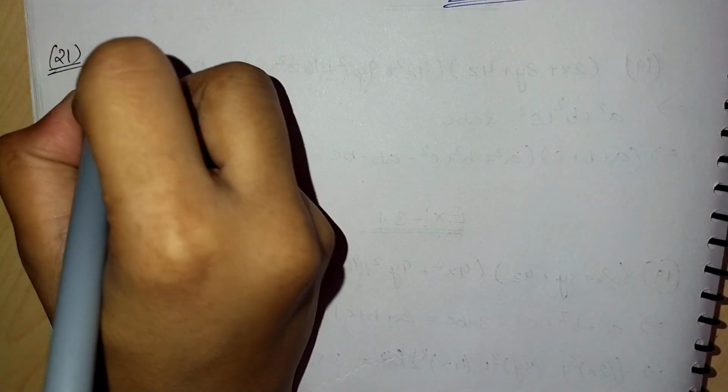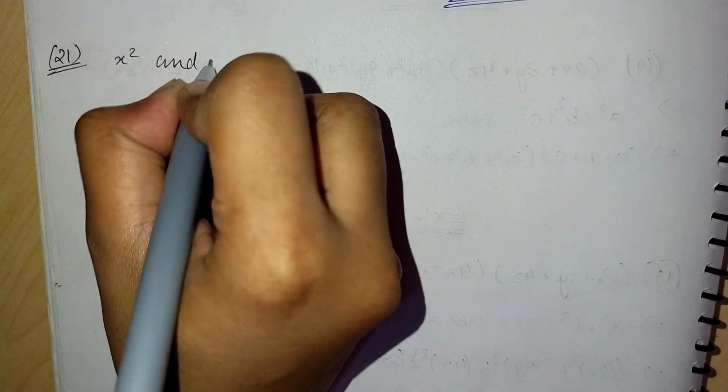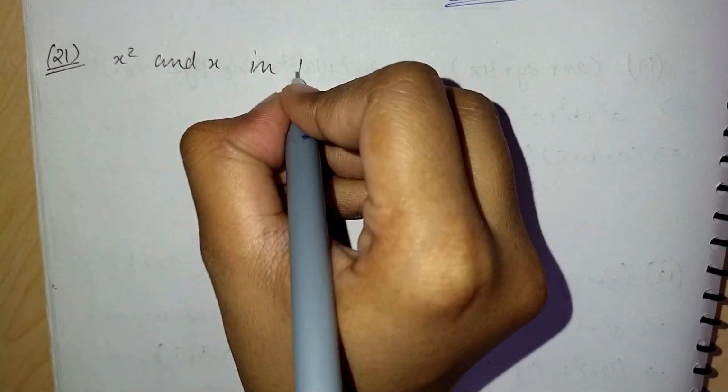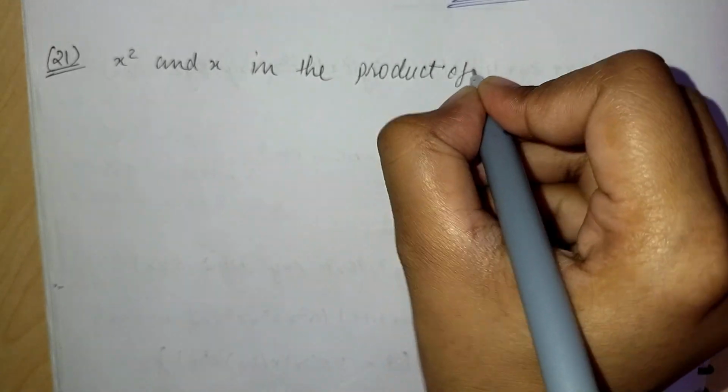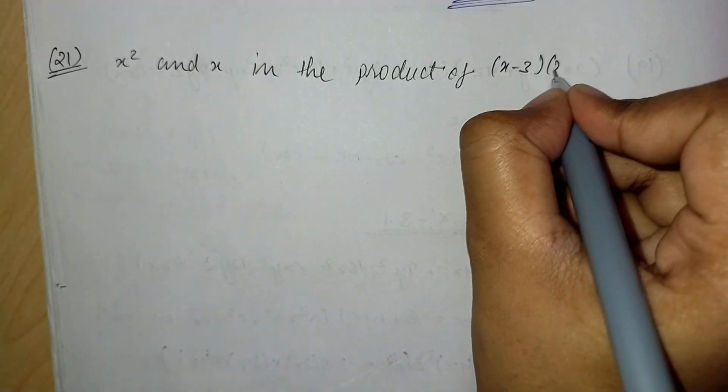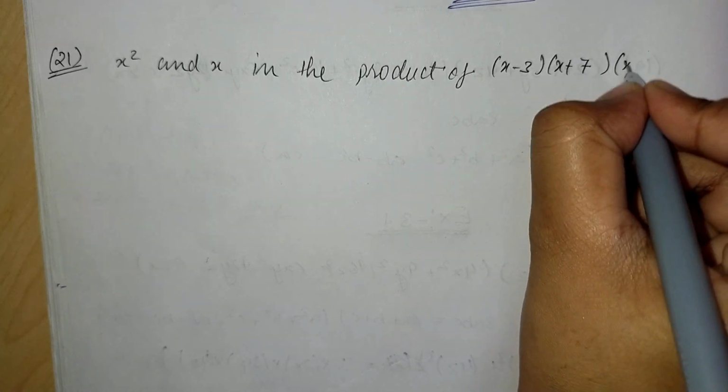Now let us solve the 21st question, which says find the coefficient of x square and x in the product of x minus 3, x plus 7 and x minus 4.